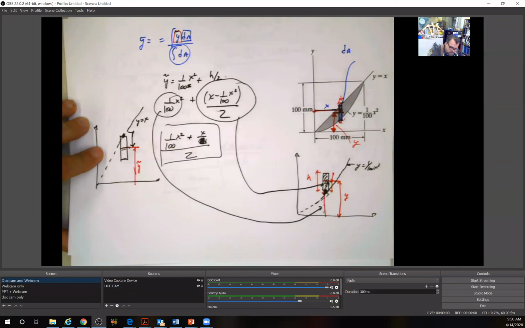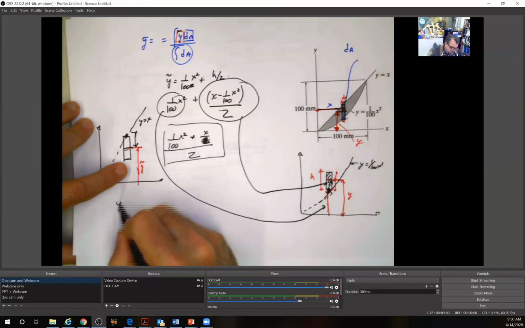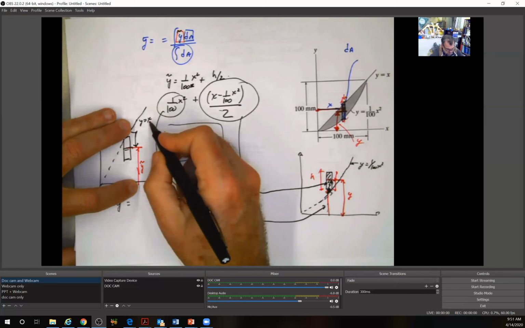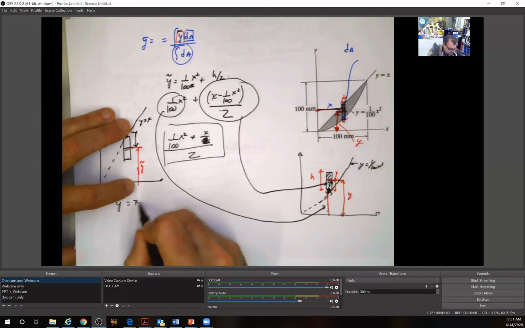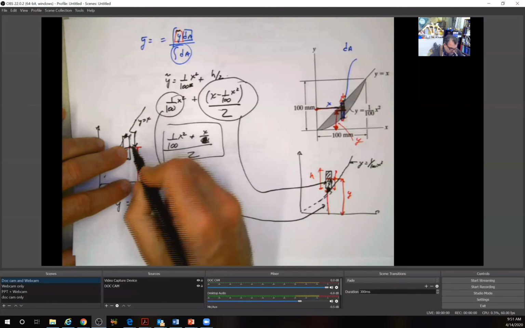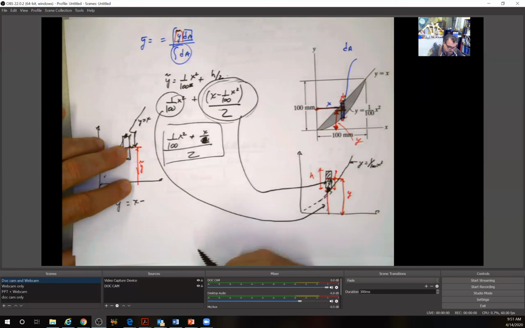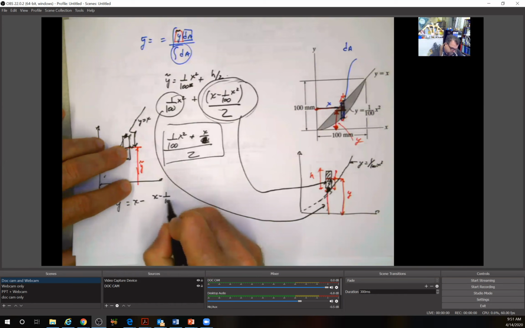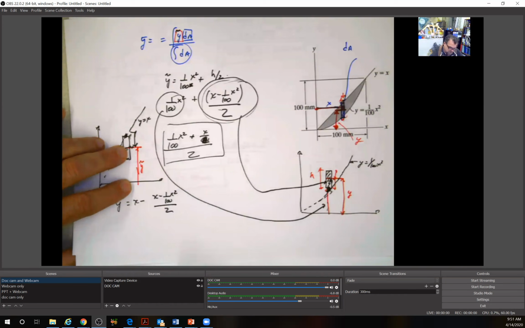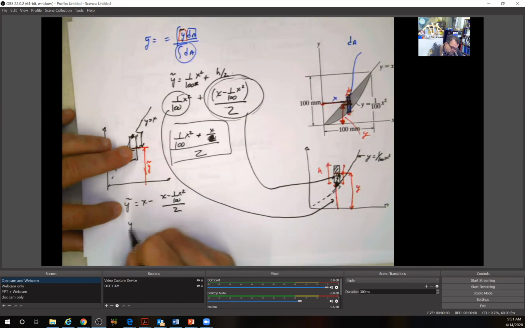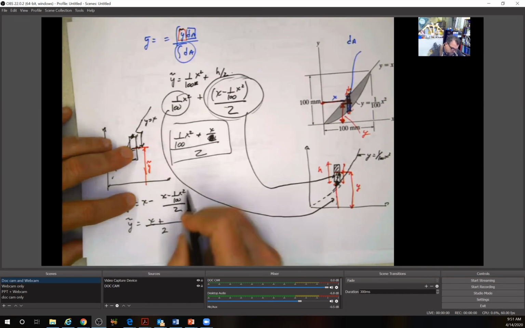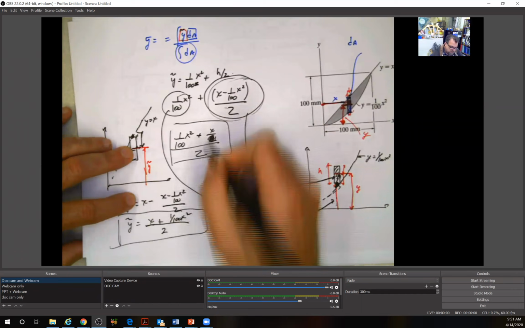So that y tilde will be the total, which in this particular case will be x minus this. But this is the same as saying h divided by 2. And then you're going to get the same thing, because this is going to be x divided by 2 plus 1 divided by 100 x squared. So whatever you use, either this or that, is the same.